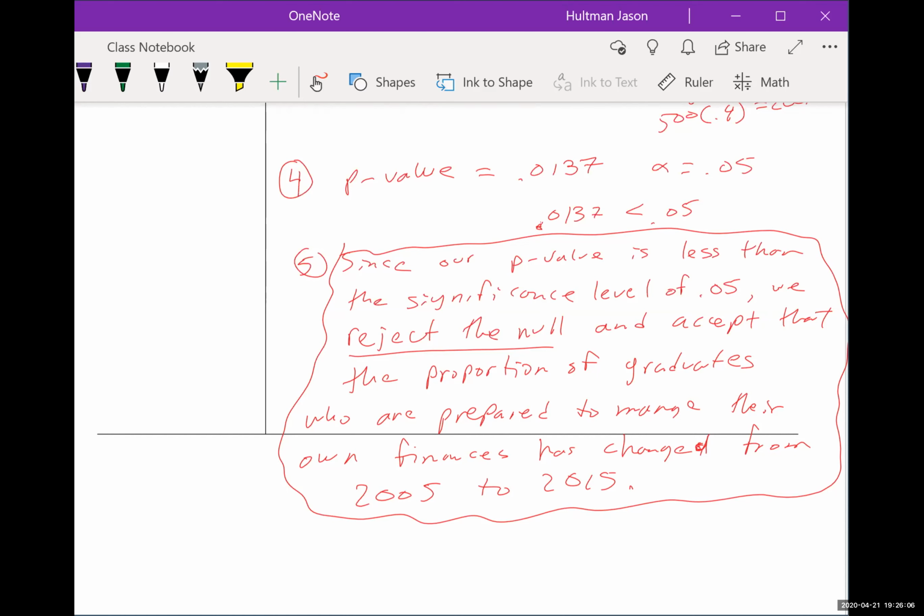And we say no. We are 95% certain that you're wrong. That it is not equal to 60%. It has changed.